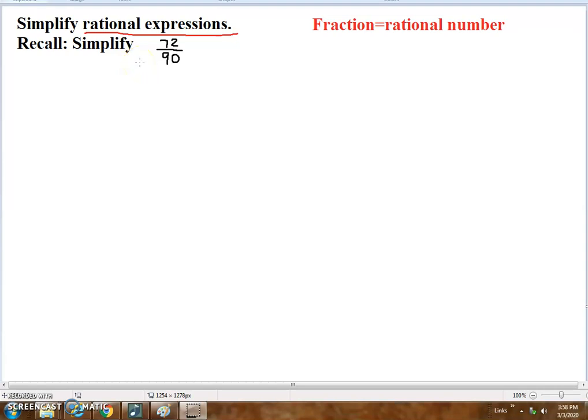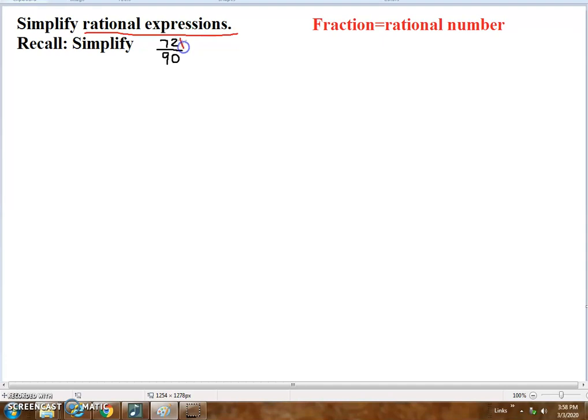The topic of this video is simplifying rational expressions. What is a rational expression? A rational number is also called a fraction. For example, 72 over 90, we usually call this a fraction, but it's also called a rational number.